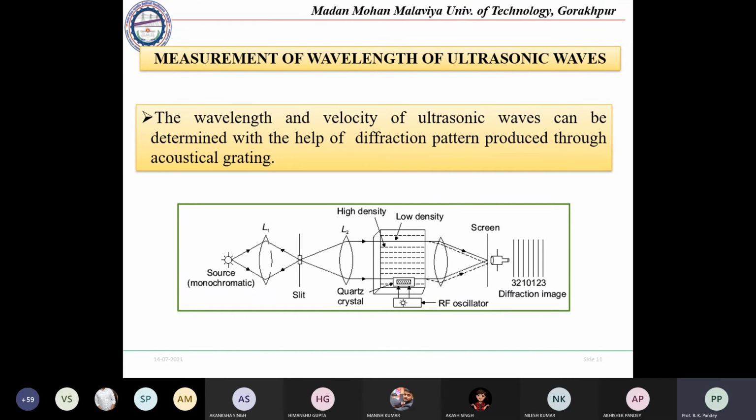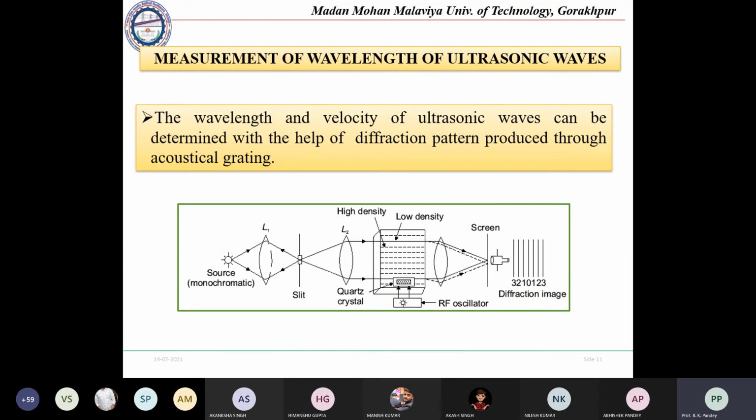The monochromatic source has been placed at the extreme left side, and there is the lens L1, which is used to focus the light, and then it passes through the slit, and again there is a lens at whose focus the slit has been placed, so that the light becomes parallel. When it passes through this liquid grating, which has been created by the ultrasonic waves, then diffraction will occur.